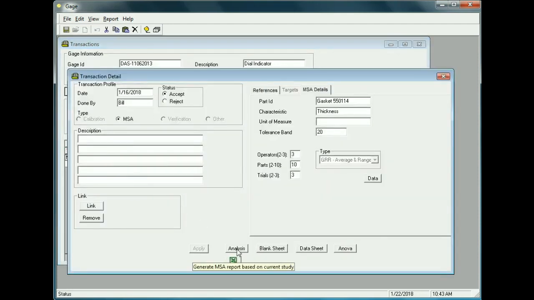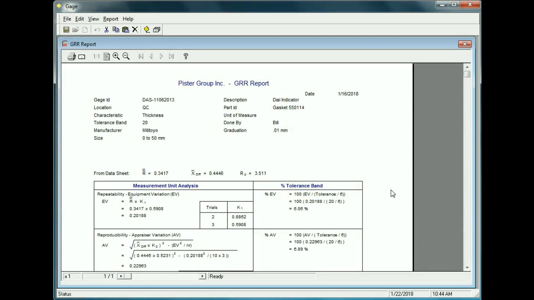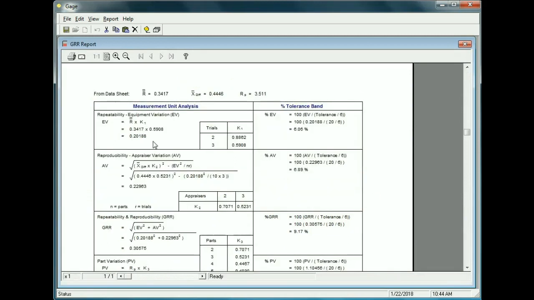Now, when we do that, we set the tolerance band to 20, whatever units we're measuring in. We look at the analysis. Again, we're still coming up with this range beyond a control limit, which is now understood what that means. But what we see now, all the calculations on the left-hand side remain the same. We're still calculating a standard deviation for each of these components.